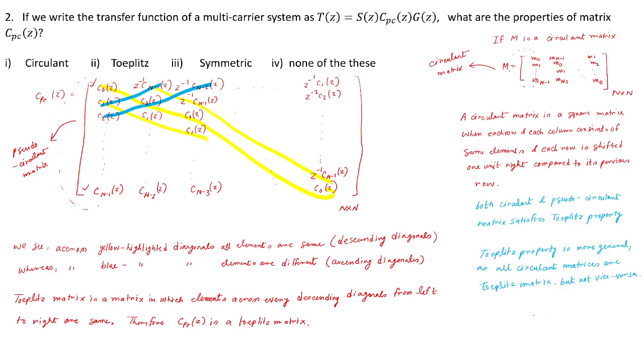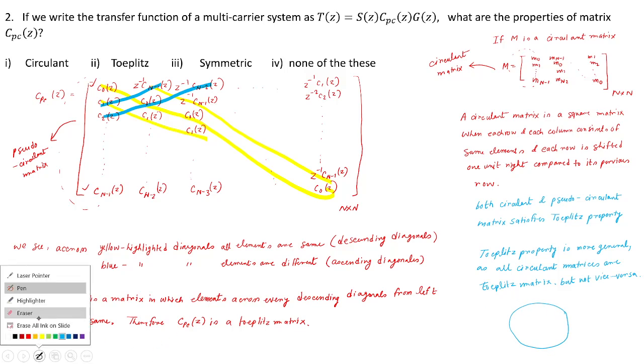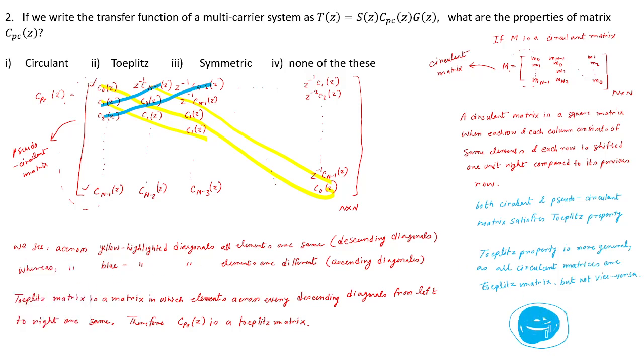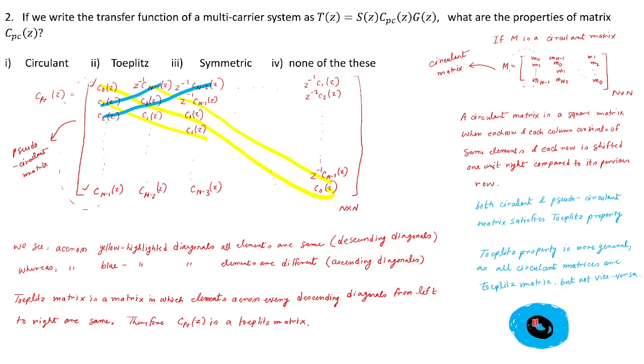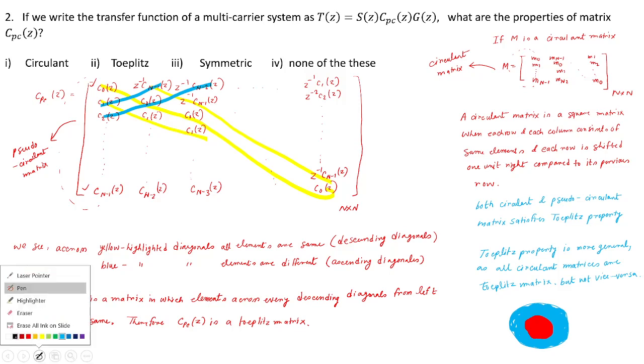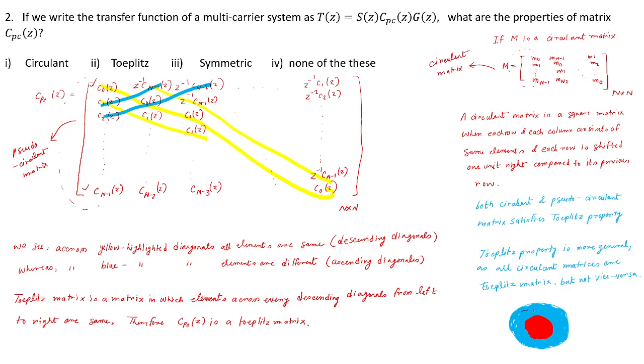So therefore, if we denote this as Toeplitz, this is the scope of Toeplitz matrices, whereas circulant is a part of it, a subset of it.